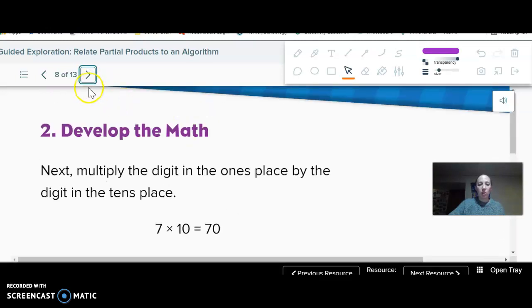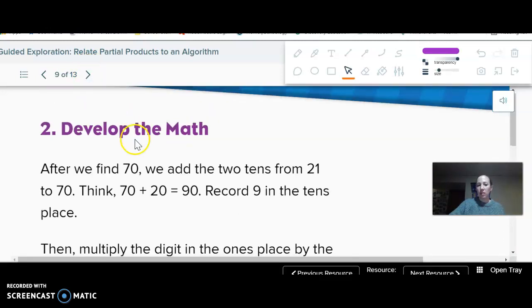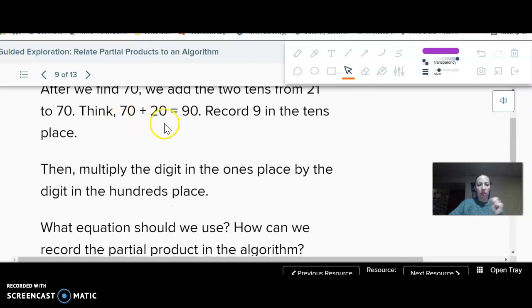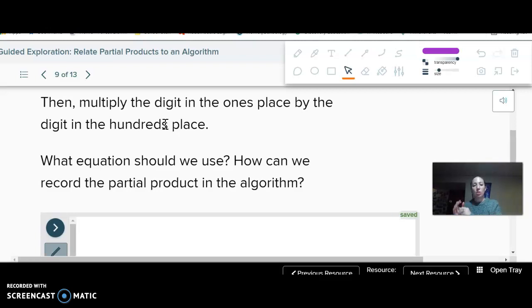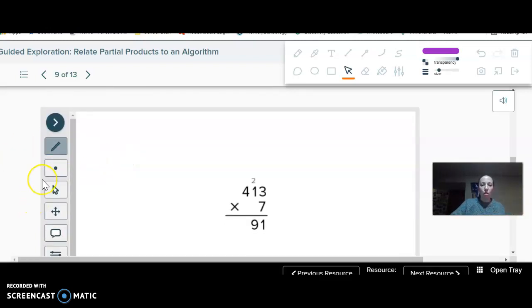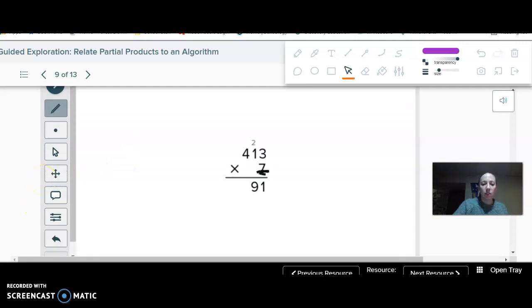All right, we're going to keep going. Again, 70 plus 20 is 90. Then we multiply the digit in the ones place by the digit in the hundreds place. So we're doing 7 times 400 is 2,800. So I can just write the 28.